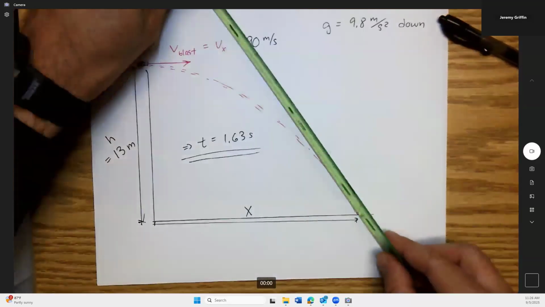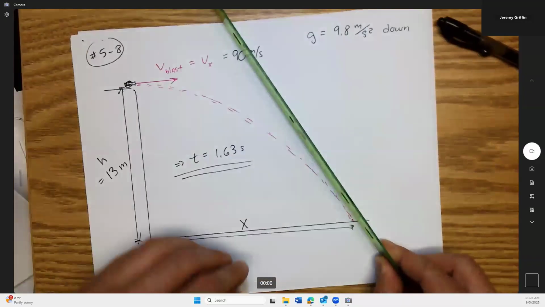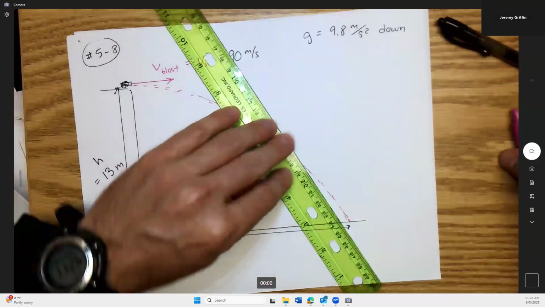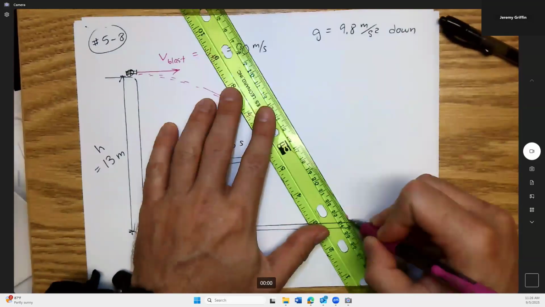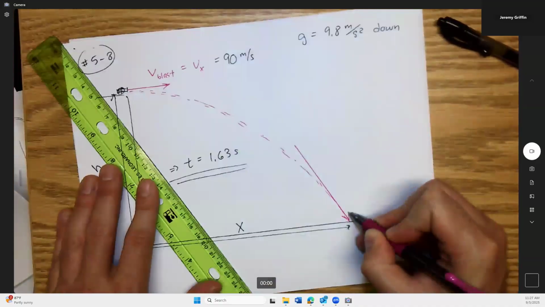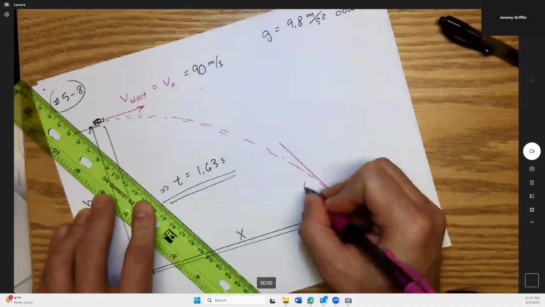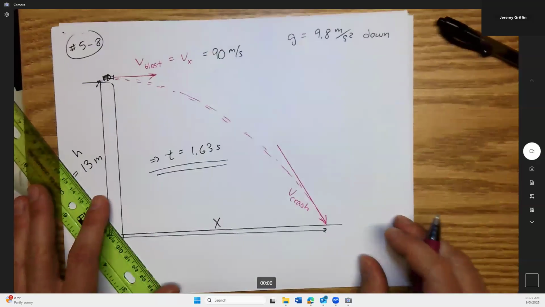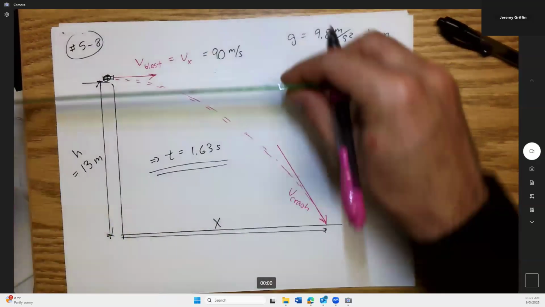And then here it is at the crash point, coming in at that angle right here. So I'm going to draw that. This will represent my crash velocity. I'll call that v sub crash. V crash is coming in like that angle, flush to the curve, right there.